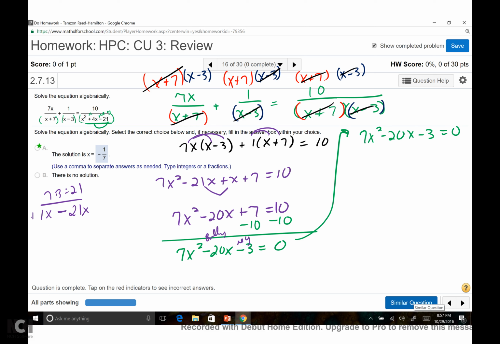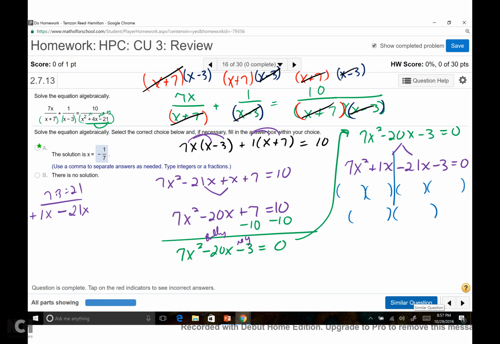So 21 is minus, 1 isn't. So I'm going to have 7x squared plus 1x minus 21x minus 3 equals 0. So I rewrote b. 2 by 2, GCF, GCF again.